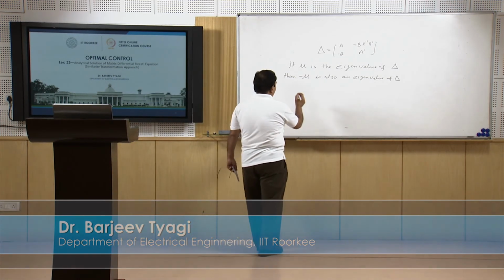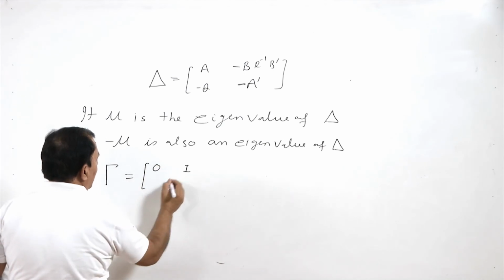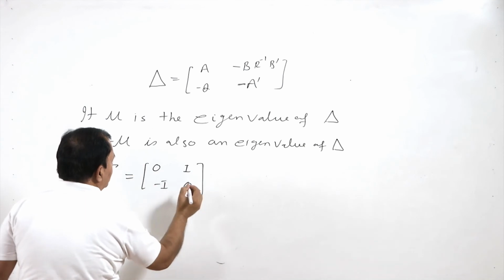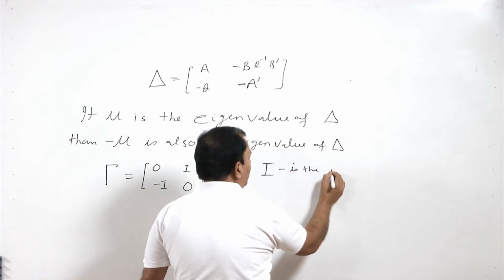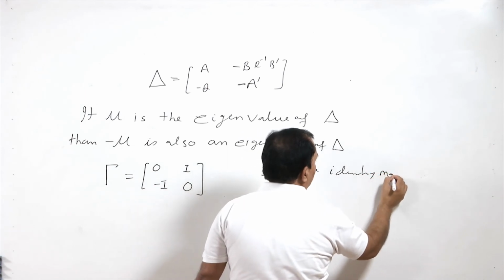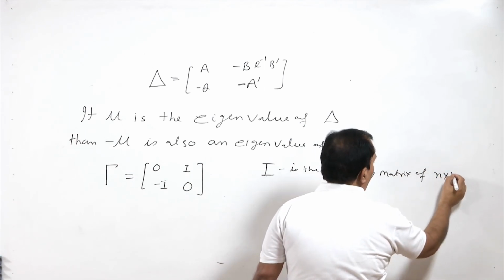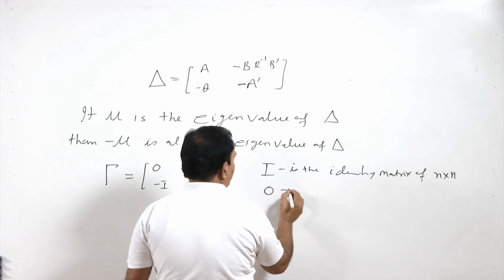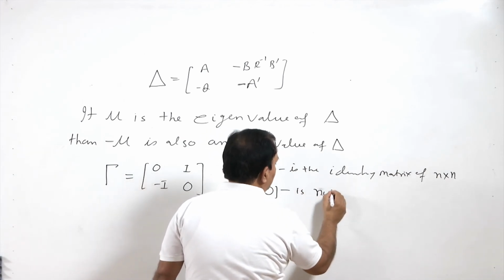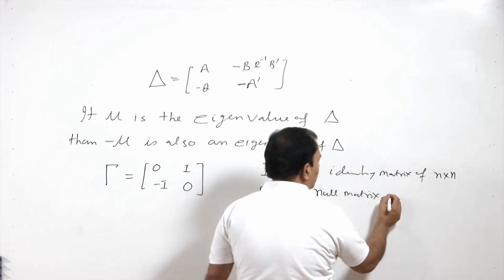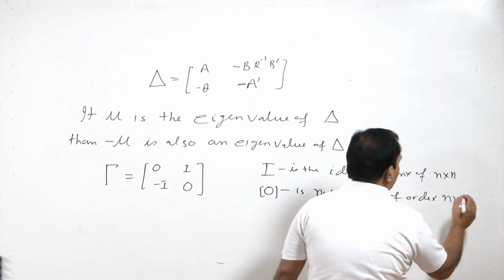considering a transformation matrix, which we call tau, given as [0, I; −I, 0], where I is the identity matrix of order n cross n and 0 is the null matrix, again of order n cross n.